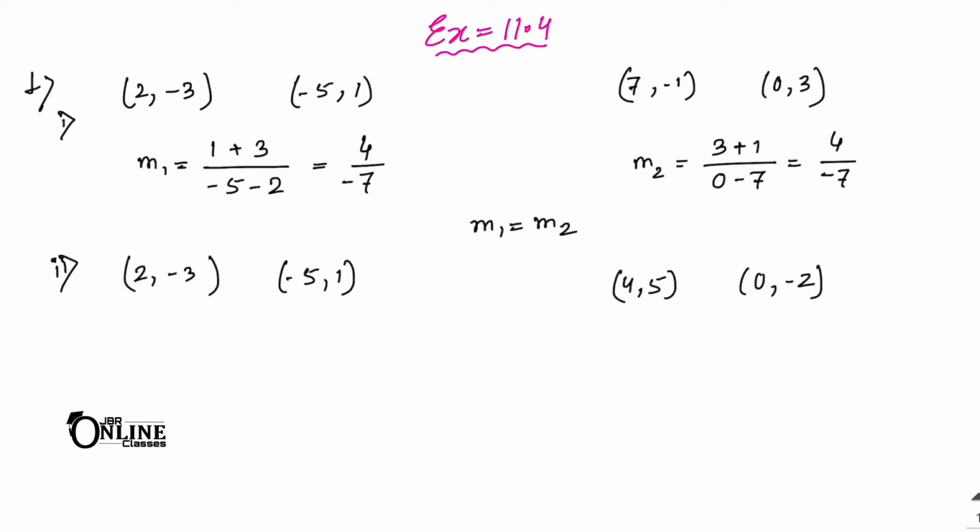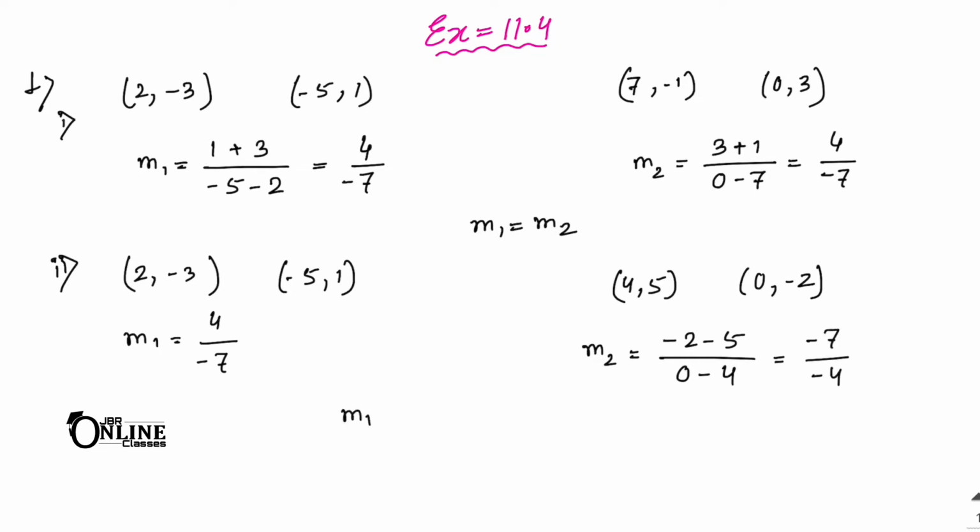When two lines are perpendicular, the multiplication of their slopes, M1 into M2, equals -1. First, M1 is 4 by -7. Now you have to find M2 with the same formula: (-2 minus 5) by (0 minus 4). Clear? So it's -7 by -4.